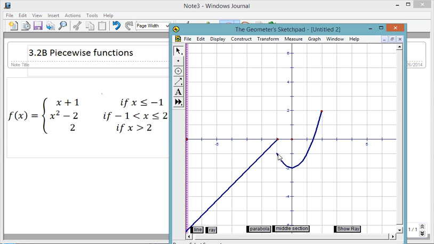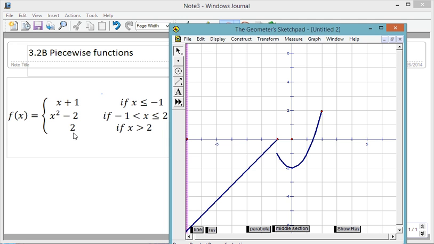I don't include a point on that piece of the parabola because right here is a less than but not equal to at -1. We don't want it to be equal to because then it wouldn't be a function. I would have two answers for -1. So you can't include it on both ends. Alright, so that's the middle piece.